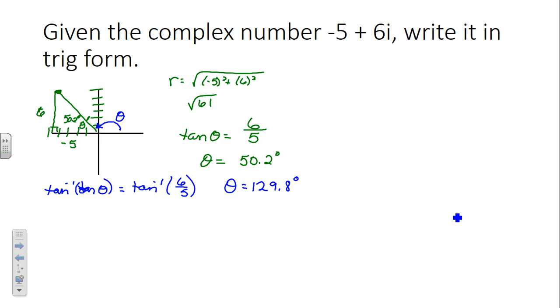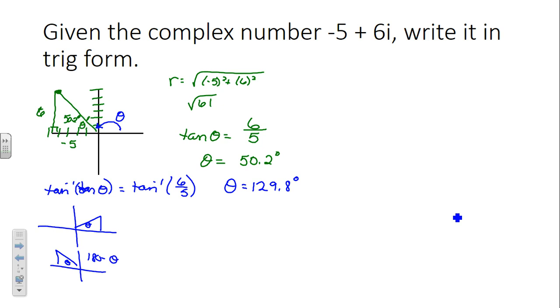We're 50.2 degrees short of 180. So whenever you're doing these problems, you want to use the positive values for your side legs and then figure out where you're at. If you're in the first quadrant, no problem. This is your theta. But if you're in the second quadrant, then whatever theta you get using those positive values is going to be 180 minus theta.